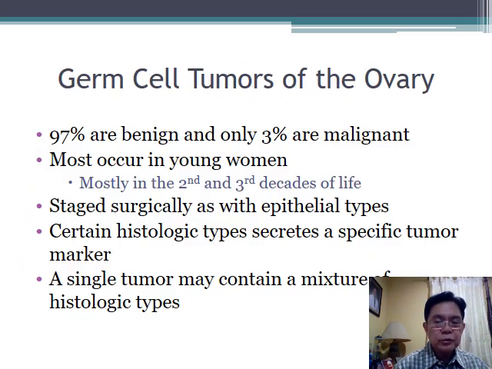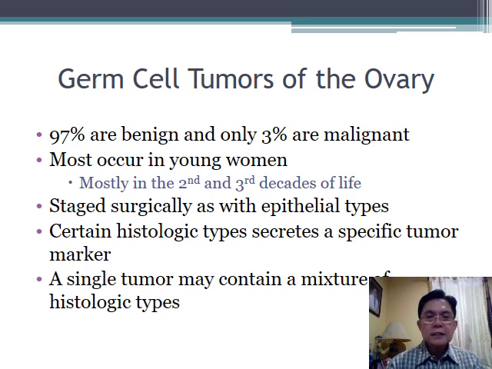Germ cell tumors are mostly benign. 97% of germ cell tumors are benign. Only 3% are malignant. And germ cell tumors mostly occur in younger women, particularly in the second and third decade of life, so starting at more than 10 years old, up to the 20s.